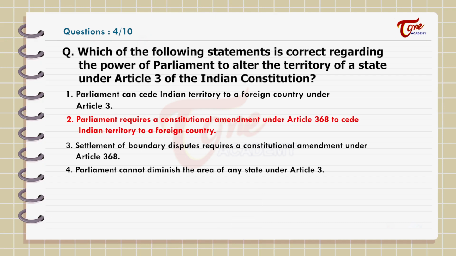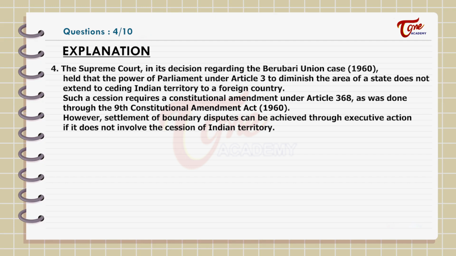Option 2. The Supreme Court, in its decision regarding the Berubari Union case 1960, held that the power of Parliament under Article 3 to diminish the area of a state does not extend to ceding Indian territory to a foreign country.